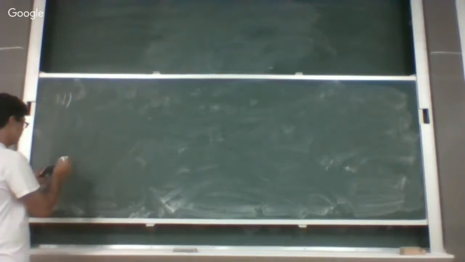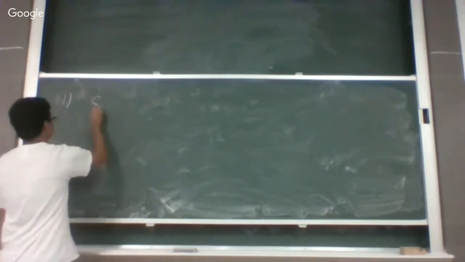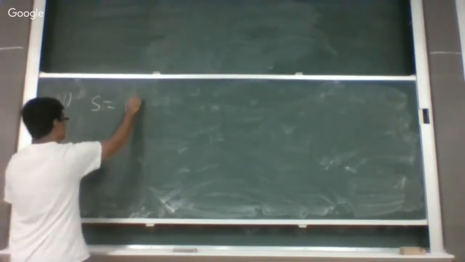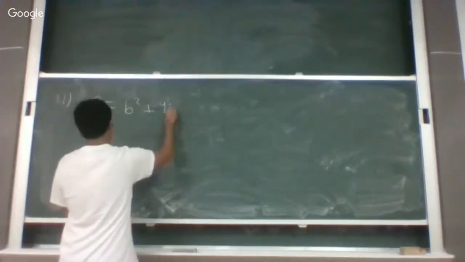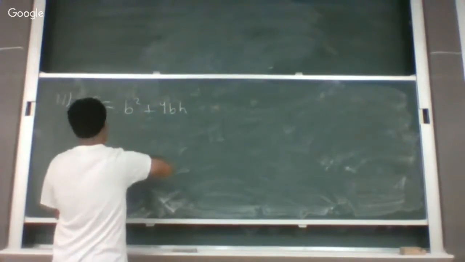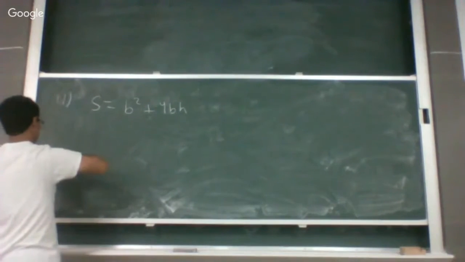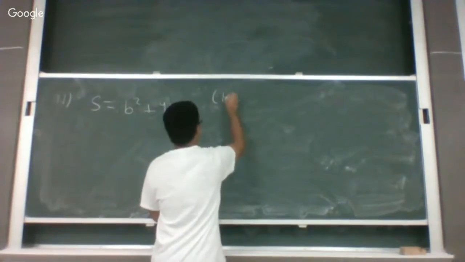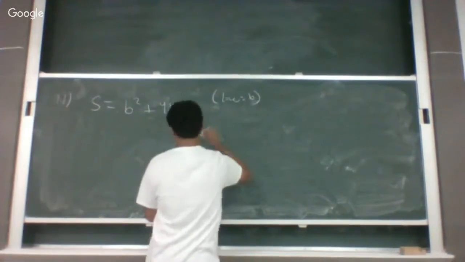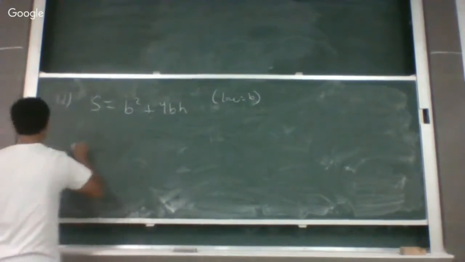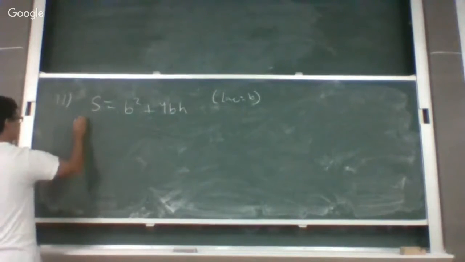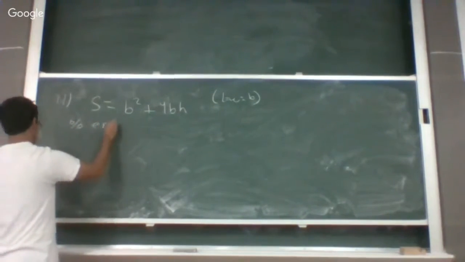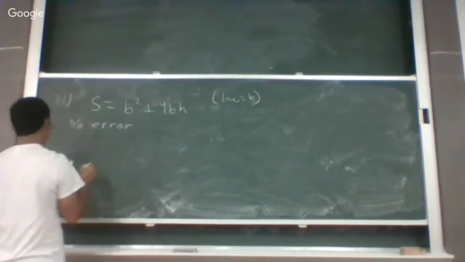Given the surface area of an open top rectangle box, we have S is equal to B squared plus 4BH, where length and width are B. Use differentials to approximate the percent error in the calculated surface area.